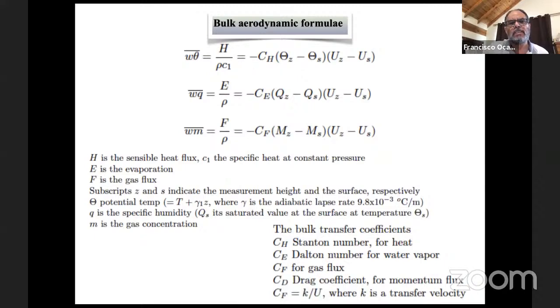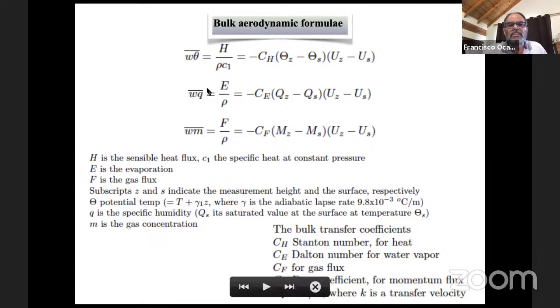But in a proper way, the flux can be determined directly if we consider the vertical turbulent component of the wind and also the turbulent component of the temperature for the case of heat. Or we can define the evaporation if we consider the vertical turbulent component of the wind and the turbulent component of humidity. And we can also express the flux of a gas by considering the turbulent component of wind and the concentration of that gas.